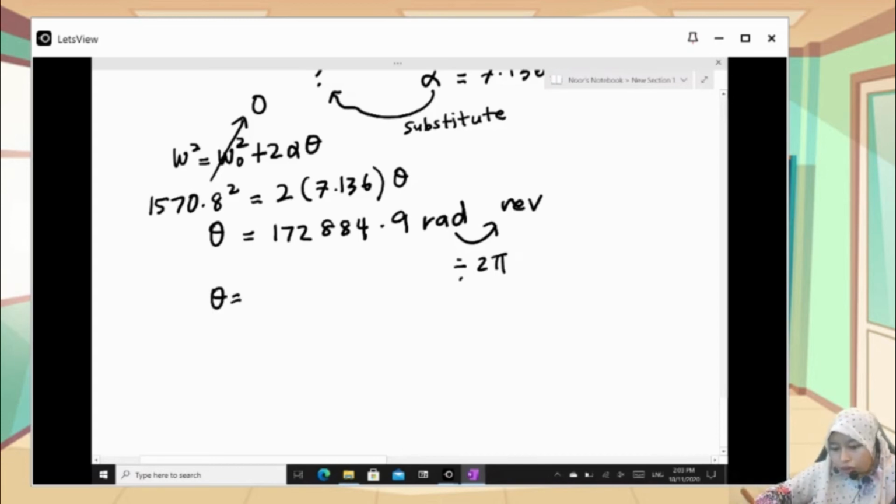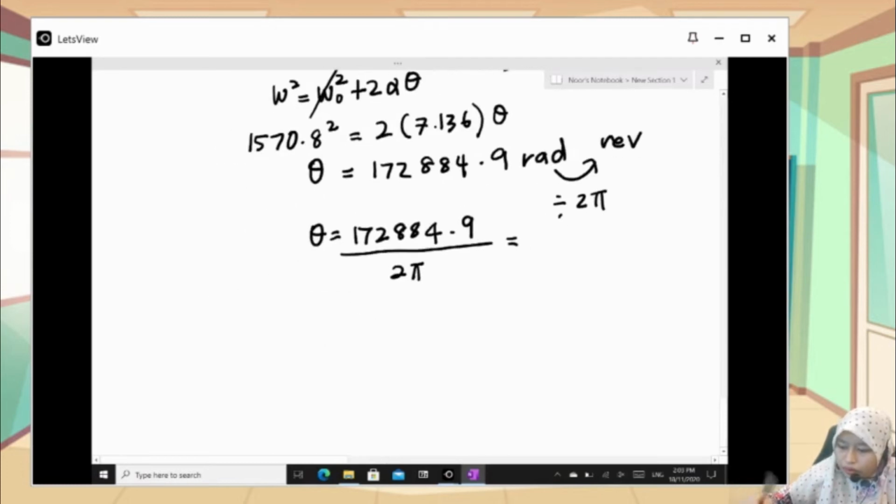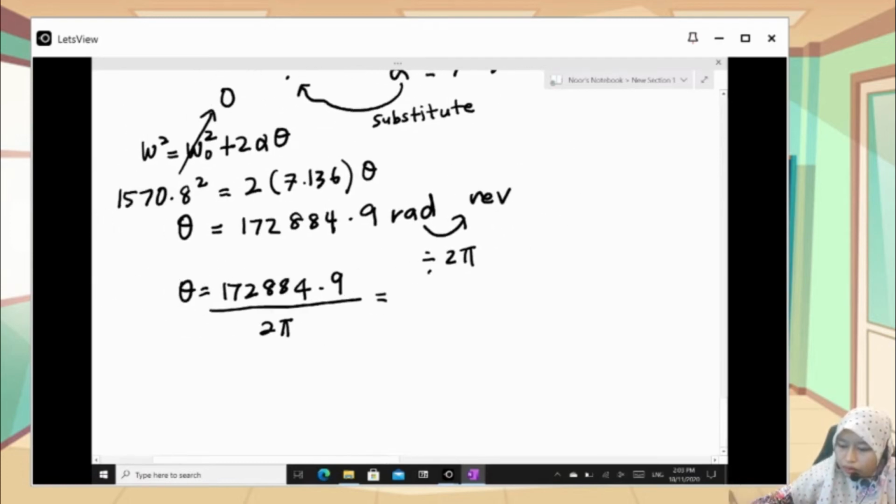So change it to revolution by dividing it by 2 pi. So theta is 172,884.9 divided by 2 pi, which gives us 27,515.9 revolution.